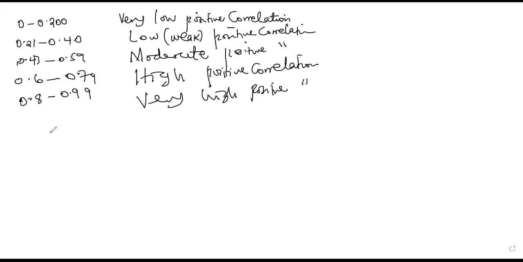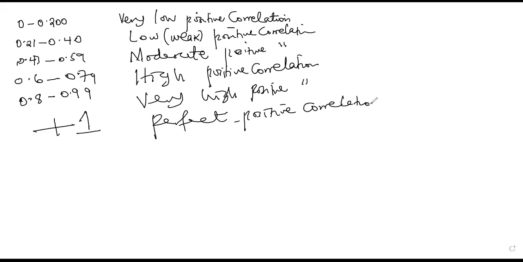And if we have a correlation of positive 1, we say that this is a perfect positive correlation. The reverse is true for respective negative values.